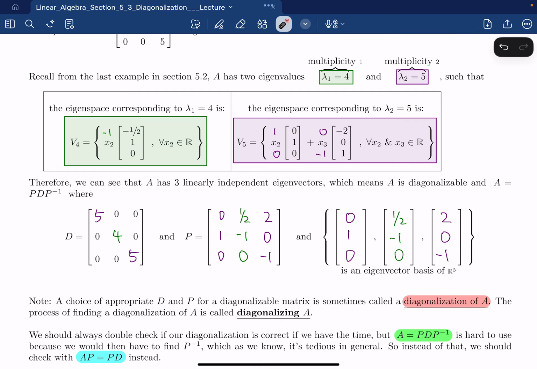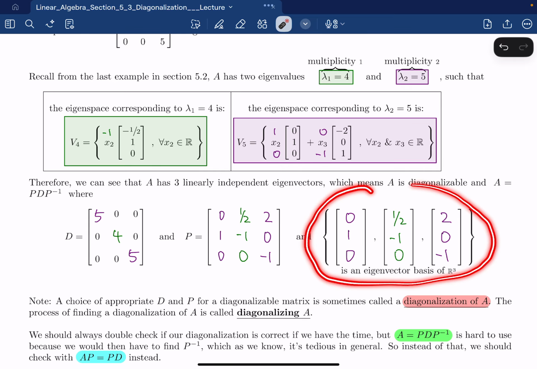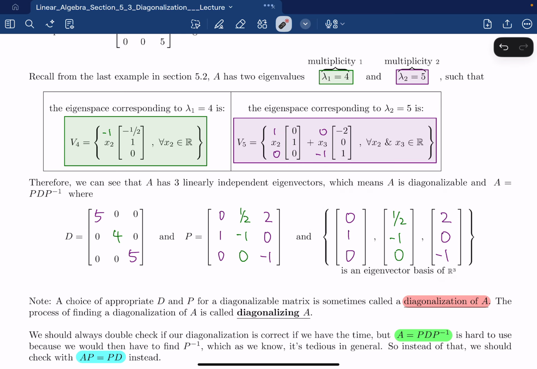And then your eigenvector basis of R3 is essentially selected automatically by your choice in P. One more time demonstrating that there's really an infinite number of eigenvector bases of R3.